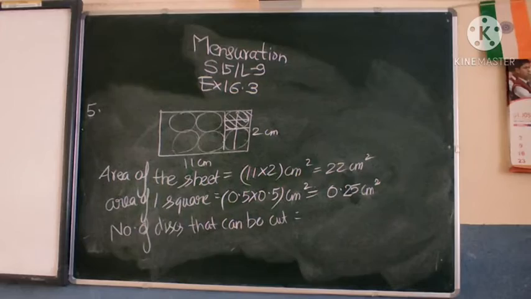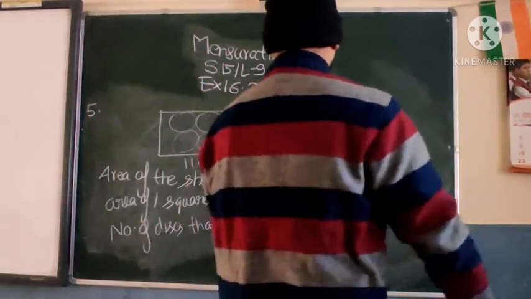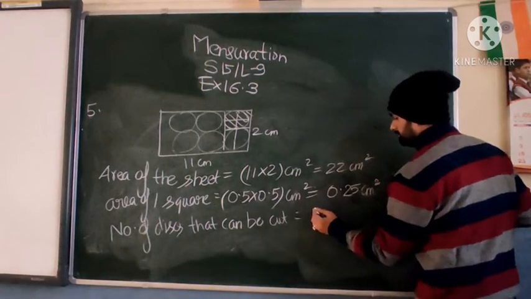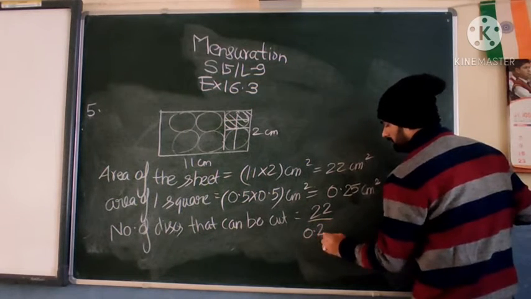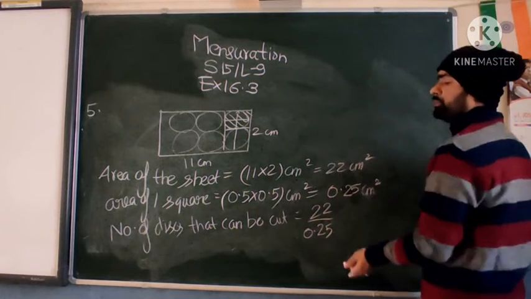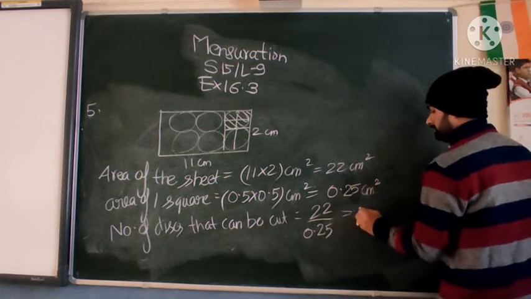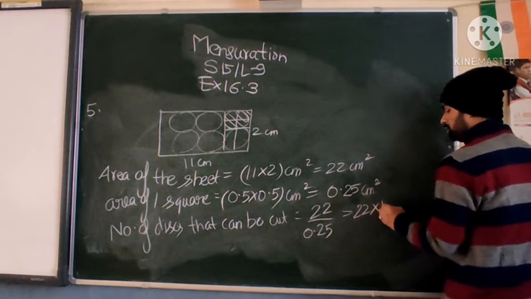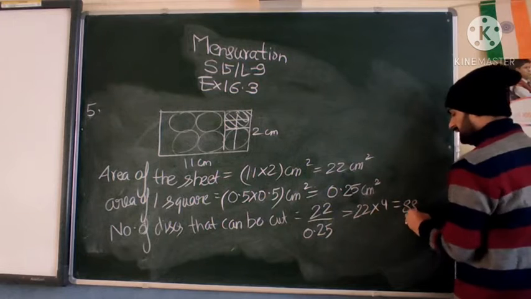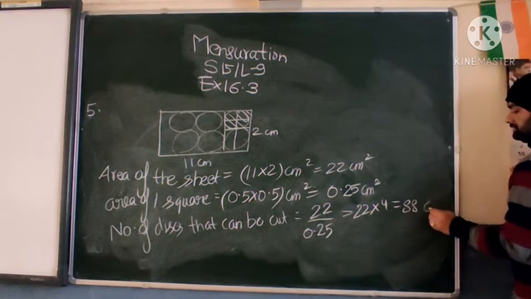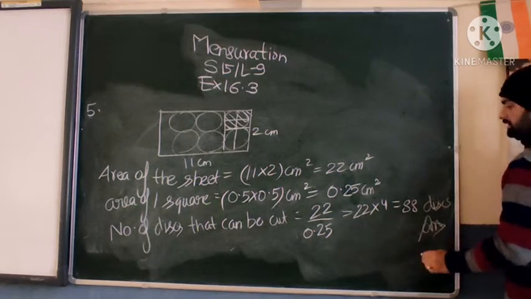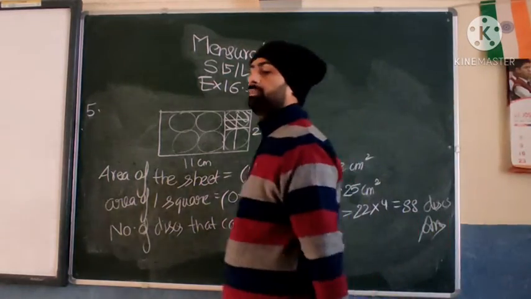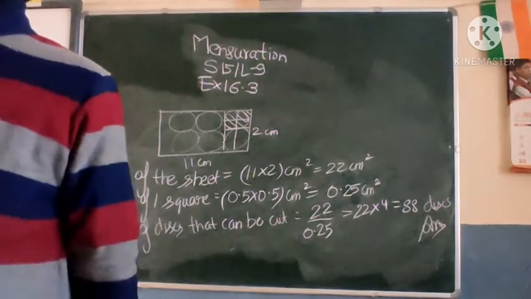So the number of discs that can be cut will be 2 upon 0.25. No unit division because it is a number. Into 4, that means 88 discs. That is the answer. So 88 discs will be carved out here.